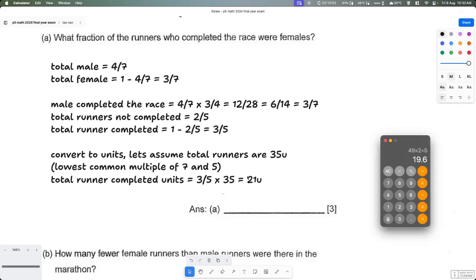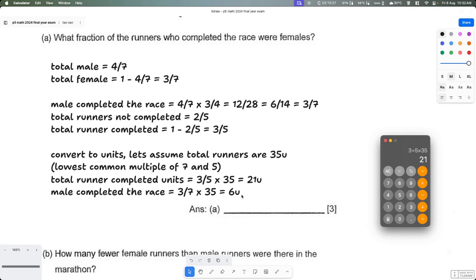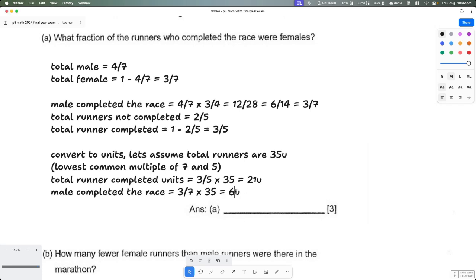So let's double check. 3 out of 5 multiplied by 35, okay, this is 21. And male completed is in this case equal to 3 out of 7 times 35. Let me double check. Not 6, this is 15 units.